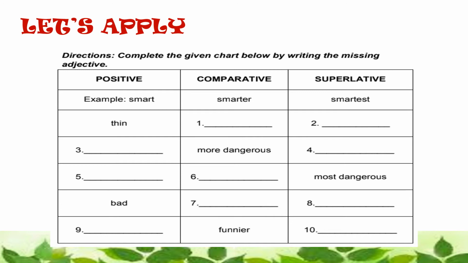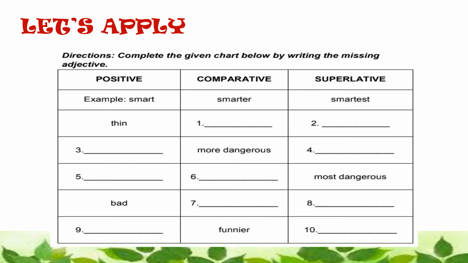Now for number one, the missing adjective, but the base form is already given, which is thin. So for the comparative, the answer will be thinner, and the superlative will be thinnest.